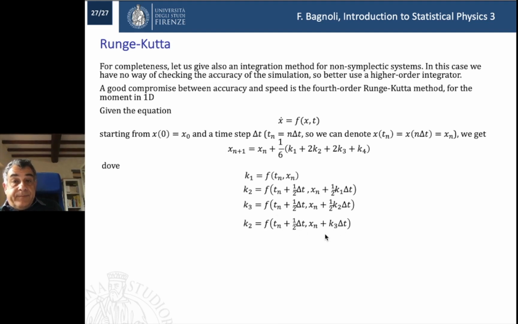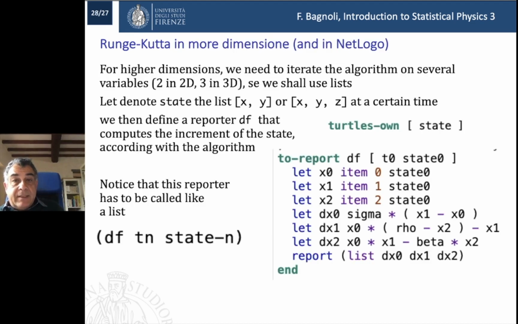position of the particle, and I shall show, not now, but in a future lesson when we shall speak about dynamical systems, how to use this in NetLogo.